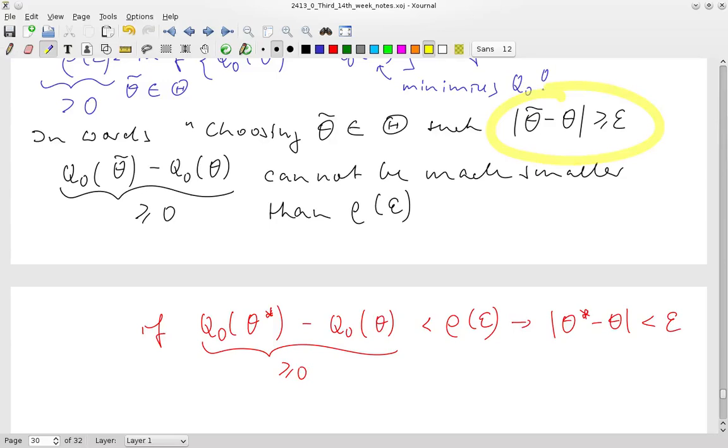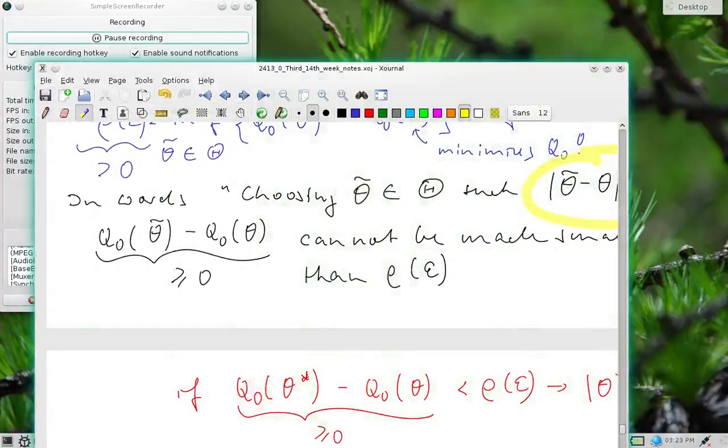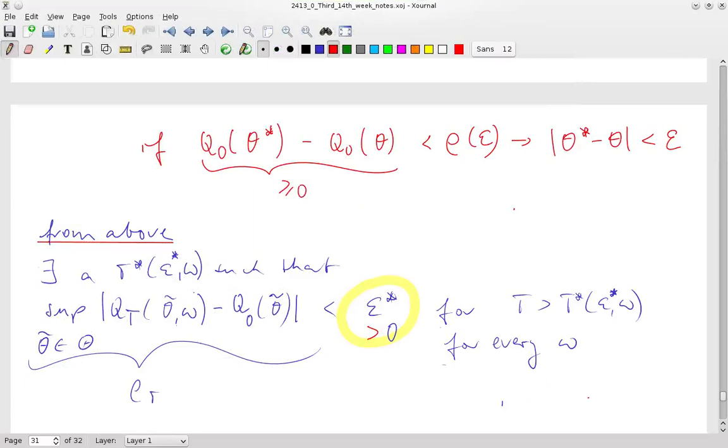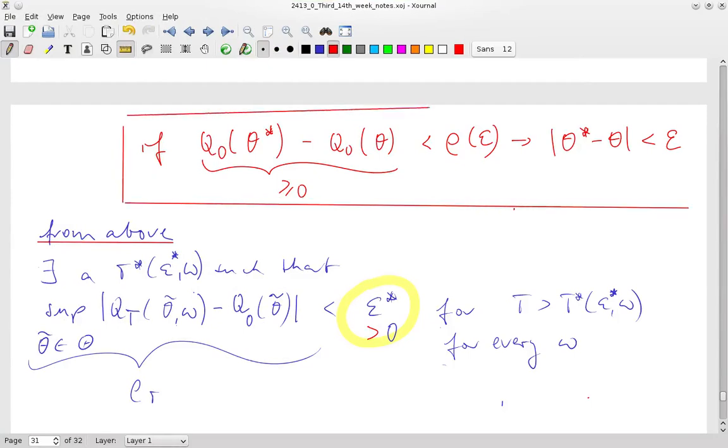Okay, so this is an important insight to understand the proof. Yeah, so this is going to be a very important result to keep in mind, and a very important conclusion that we'll come back to later.